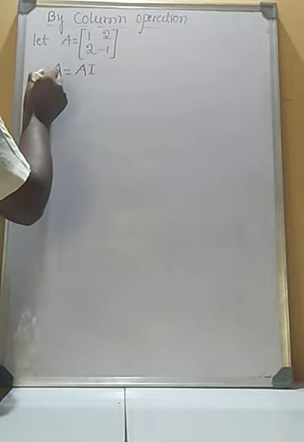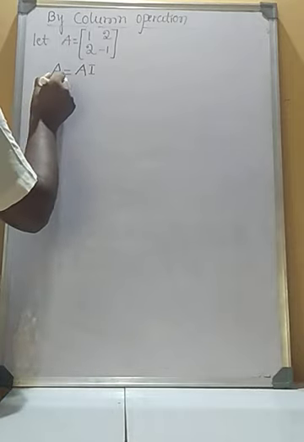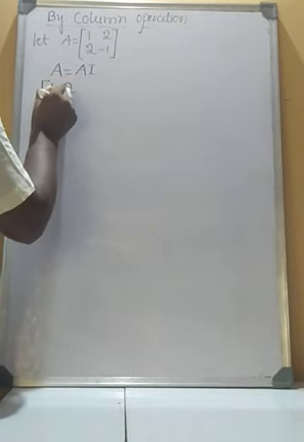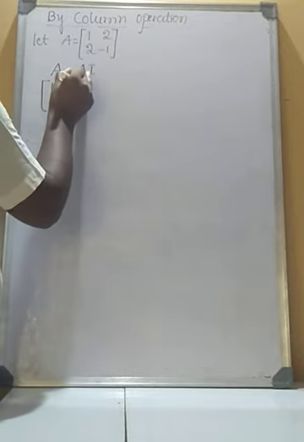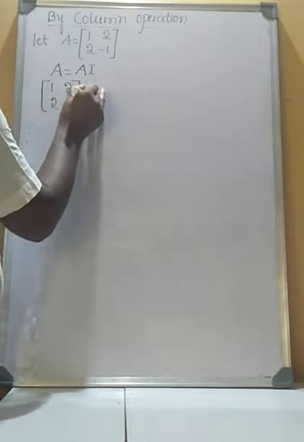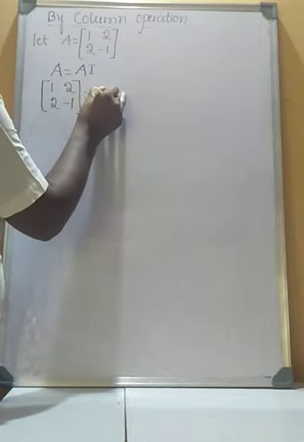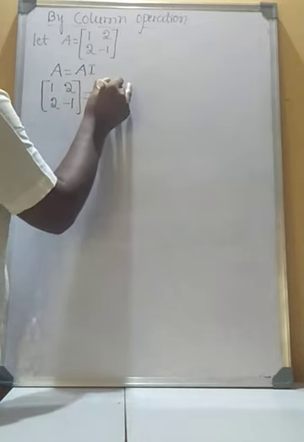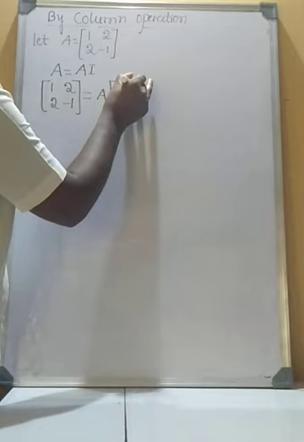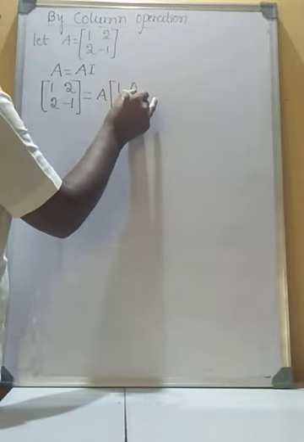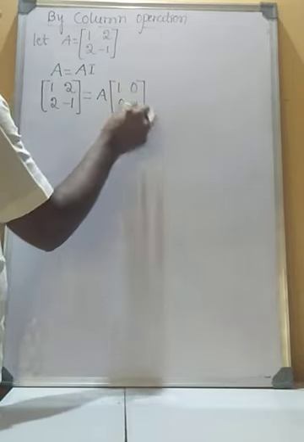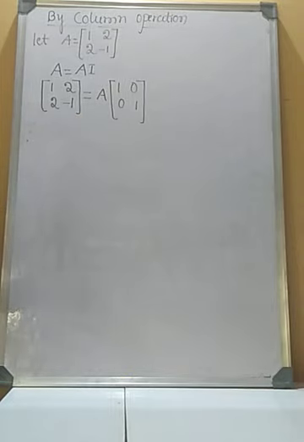What is A here? A is [1, 2; 2, -1] equals A, as it is, into [1, 0; 0, 1], the identity matrix.